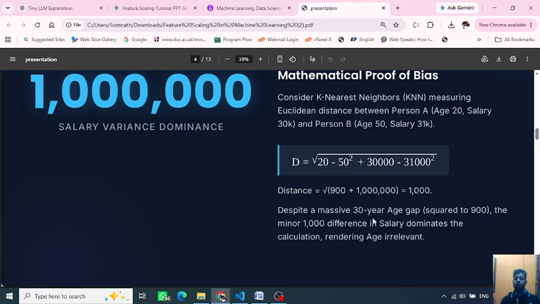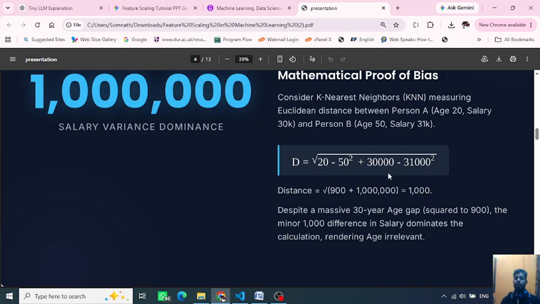But despite a 30 years gap, squared to 900, the minor 1000 difference in salary dominates the calculation. Because we are squaring, 20 minus 50 gives 30 squared, and 30,000 minus 31,000 gives 1,000. The age gap is very low compared to the salary gap.